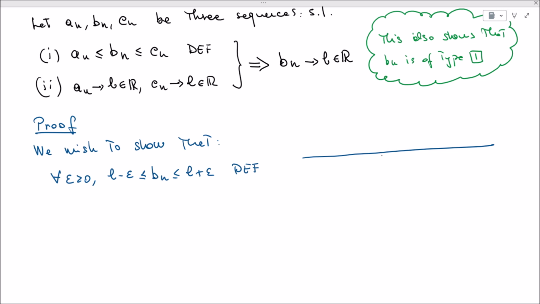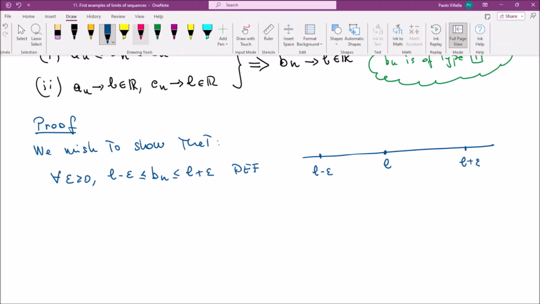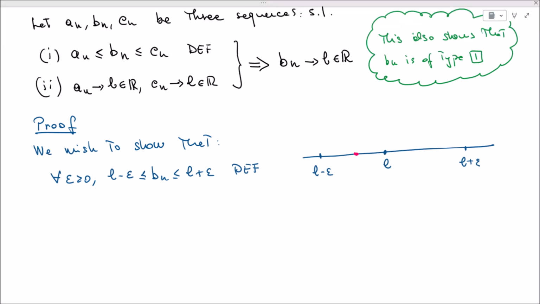If we want to visualize this, if this is L and this is L minus epsilon, L plus epsilon for any positive number epsilon, we would like to prove that definitively the sequence Bn will be within this interval.